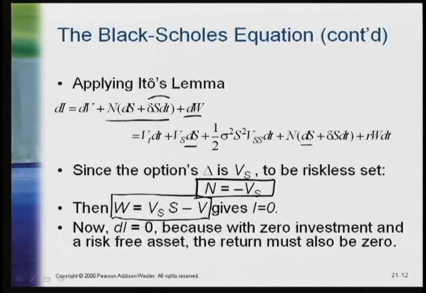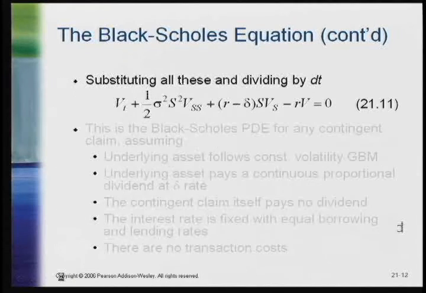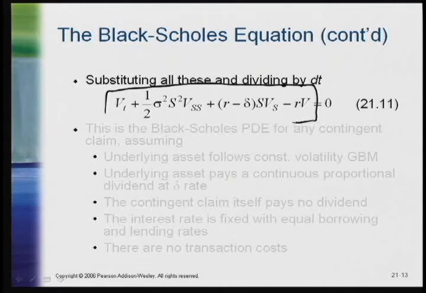The coefficient of the dt, which is therefore 0, is this. And we've seen this before, the Black-Scholes differential equation.